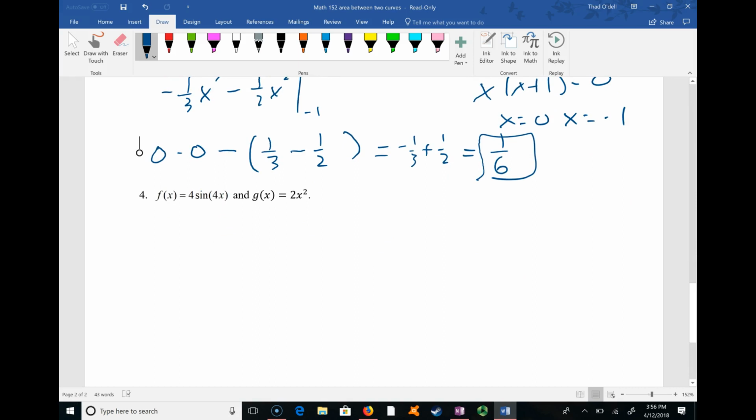Okay, so we got one more to do here. So we'll want to graph this thing for 4 sine 4x and 2x squared.